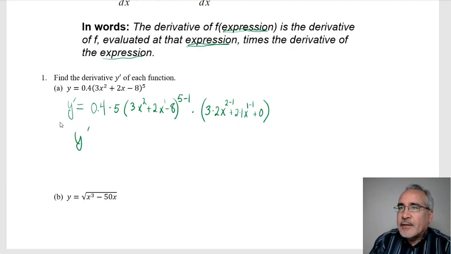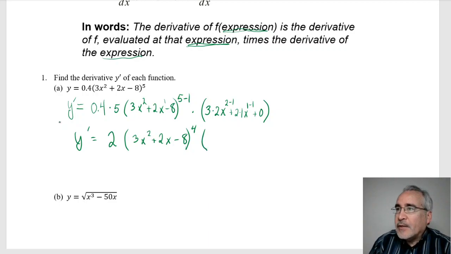So we get our final answer. 0.4 times 5 is 2. We get 3x squared plus 2x minus 8 to the 4th power, okay, 5 minus 1, times 3 times 2 is 6, 2 minus 1 is 1, so it's 6x, and then plus 2 times 1 is 2, and 1 minus 1 is 0, so the x to the 0 is 1, plus 0, so this is all that's left.